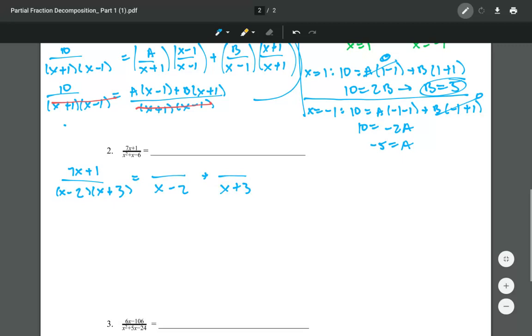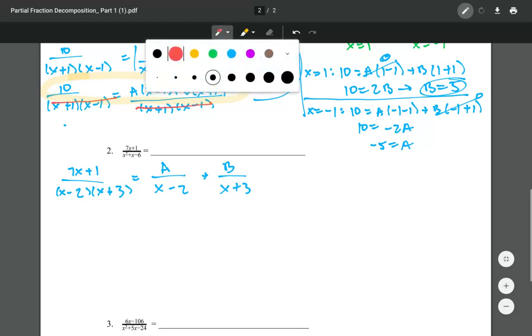Also gives me my template, A over (x - 2) plus B over (x + 3). These are both linear, so they're going to get constant numerators. Here's where you can skip a step. Up above, we had this step right here. I don't need to worry about my denominator as soon as I have multiplied in my missing factors. So I'm going to do my missing factors right in line here.